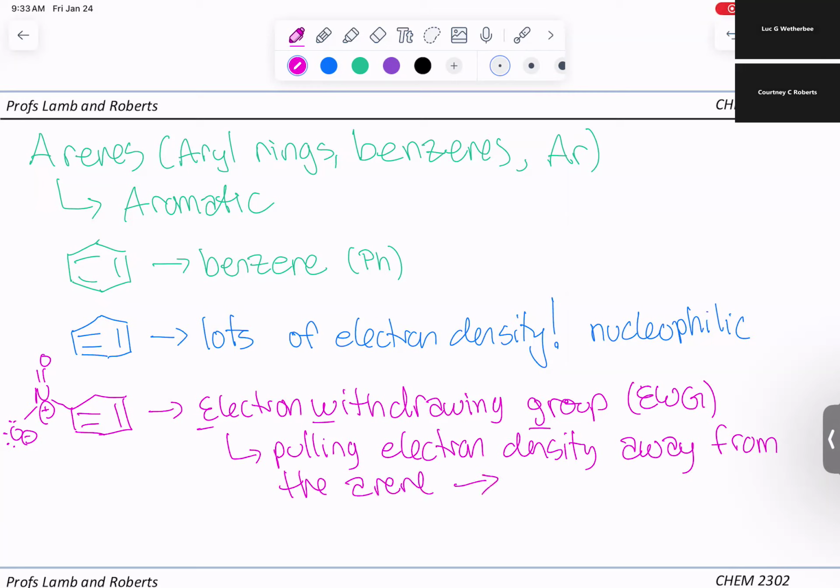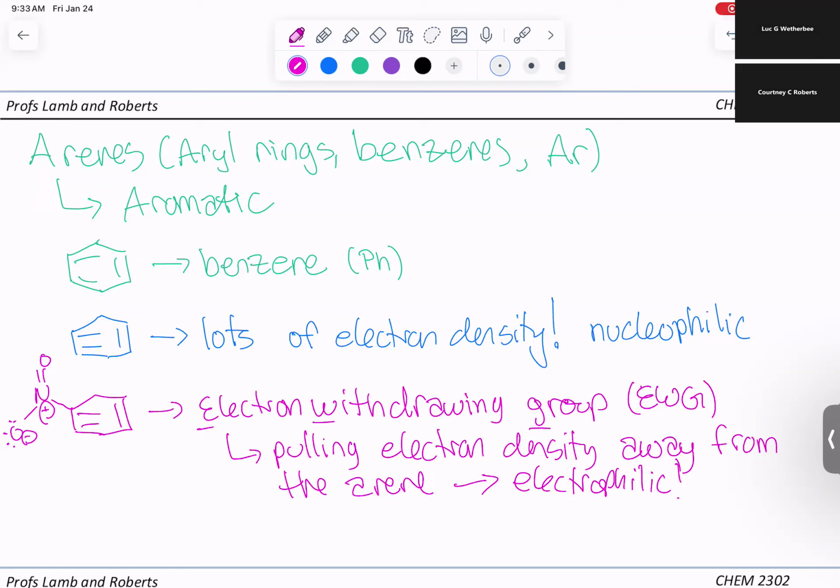And so when this happens, this is an electrophilic molecule. And that's what this chapter is. We're learning about electrophiles and nucleophiles through the lens of benzene and arene derivatives being both.